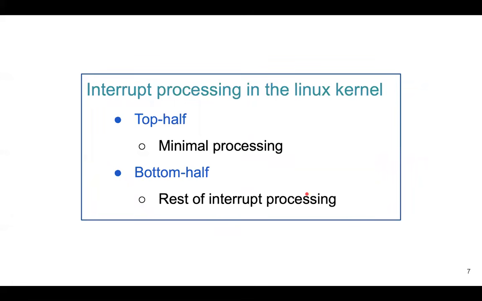The interrupt triggered by the NIC causes the CPU to pause or disrupt the process in execution. Therefore, interrupt processing in Linux is split into two parts, top half and bottom half. The top half does minimal processing so that minimal disruption is caused to the running process, whereas the bottom half does the major heavy lifting.